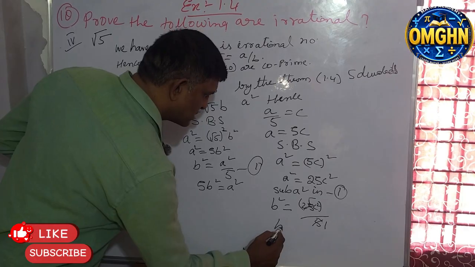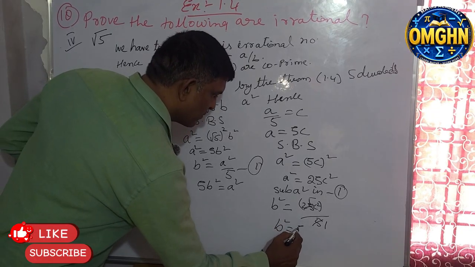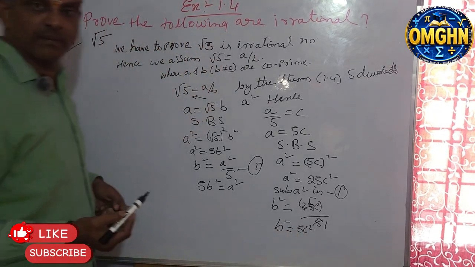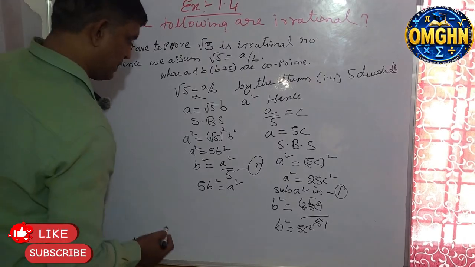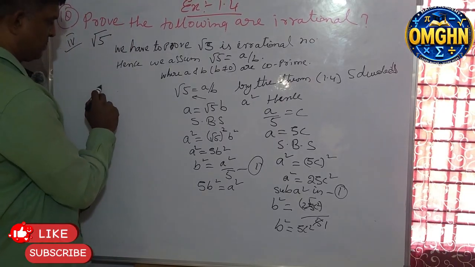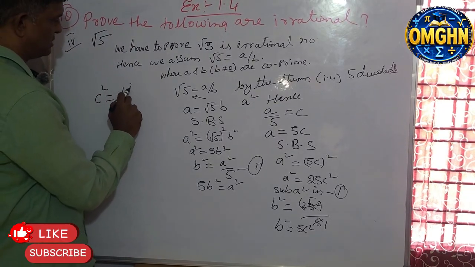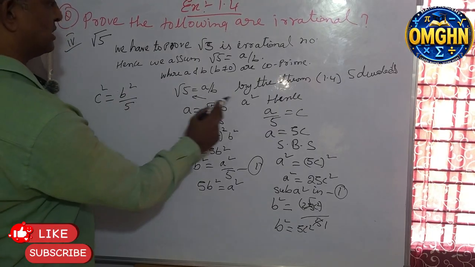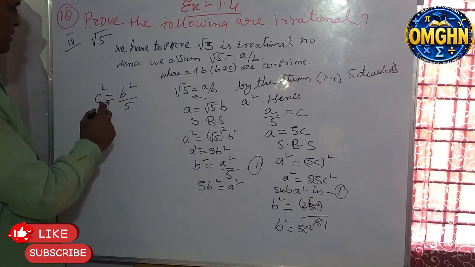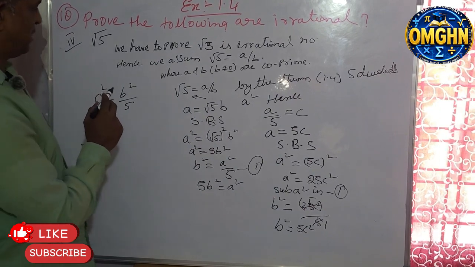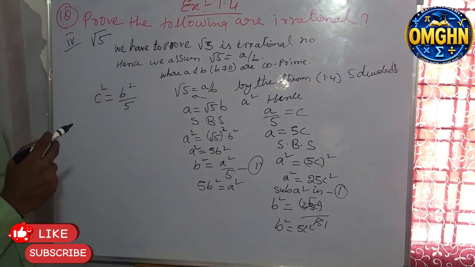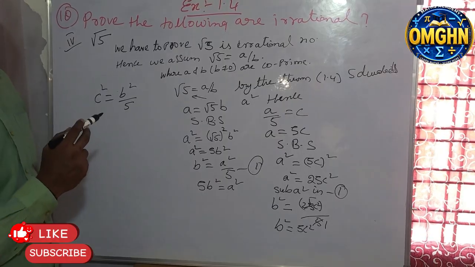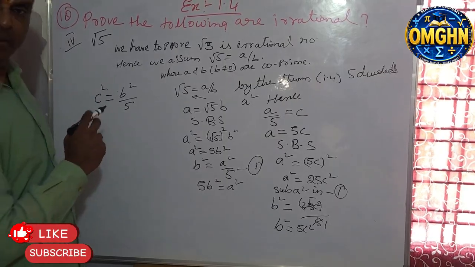We are getting b square equal to 5c square. Okay, I can write c square equal to b square by 5. In the same logic, if 5 is dividing b square, it is divisible by b also.